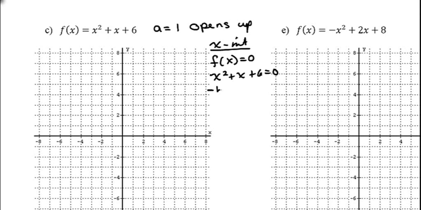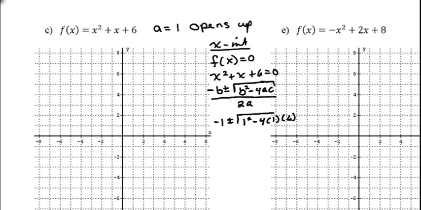So quadratic formula was negative b plus or minus the square root of b squared minus 4ac, and it all gets divided by 2 times a. So negative b is going to be negative 1 plus or minus the square root of b squared, so that'll be 1 squared, minus 4 times a, which is 1, and then times c, which is 6.